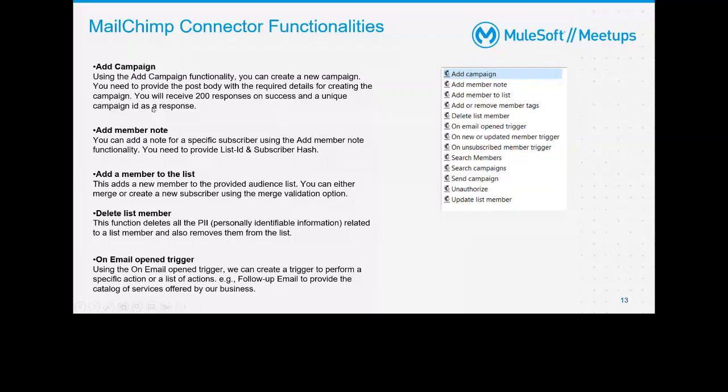Then we have the add member note functionality. You can add a note for a specific subscriber using it. Maybe you want to send a specific note to a particular user, or to a particular group of users, so you can use this functionality for that. Then there is add a member to the list.